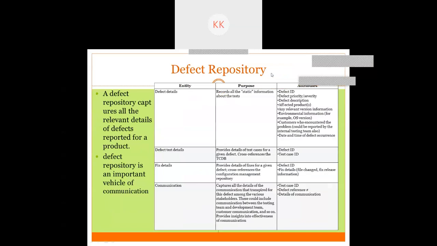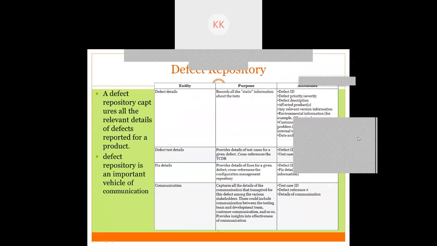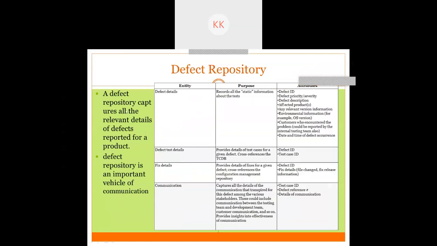Next is a defect repository. Defect repository captures all the relevant details of defects reported for a product. Defect repository is an important vehicle of communication. So we can store all the relevant defects in the defect repository.